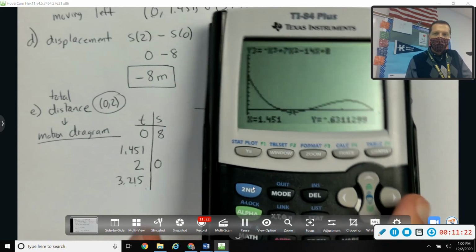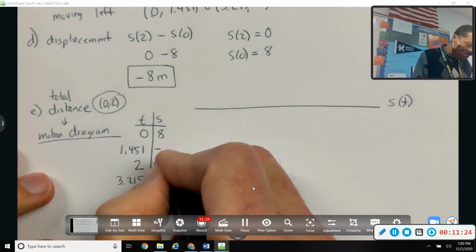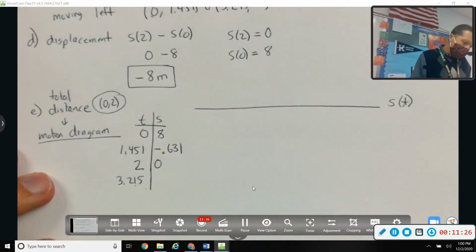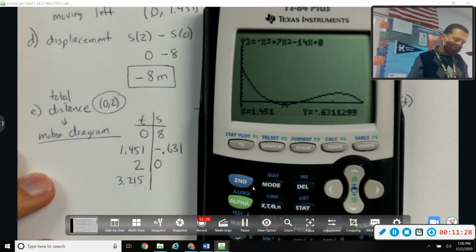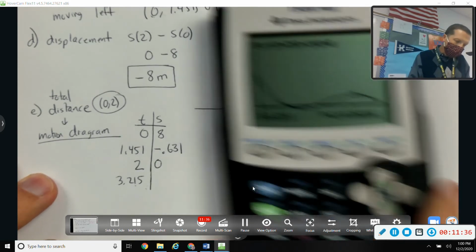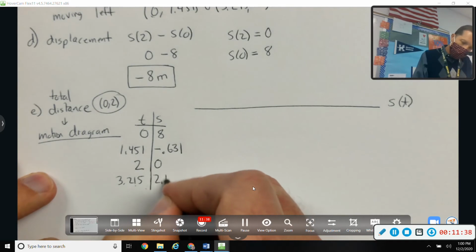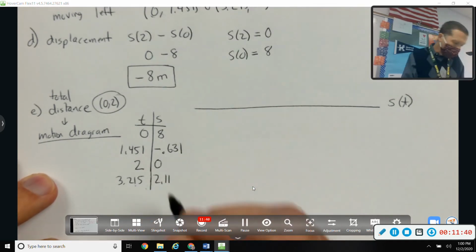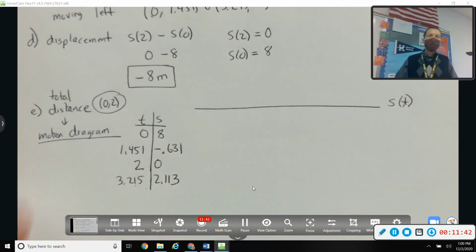Negative 0.631. And while we're here, 3.215. 2.112, or 113, I guess, round correctly.